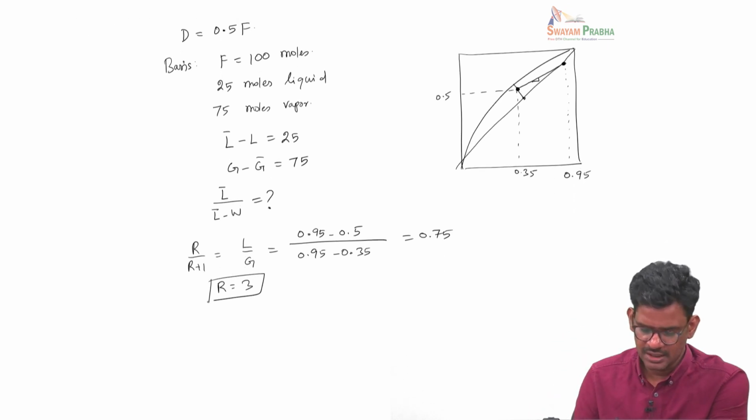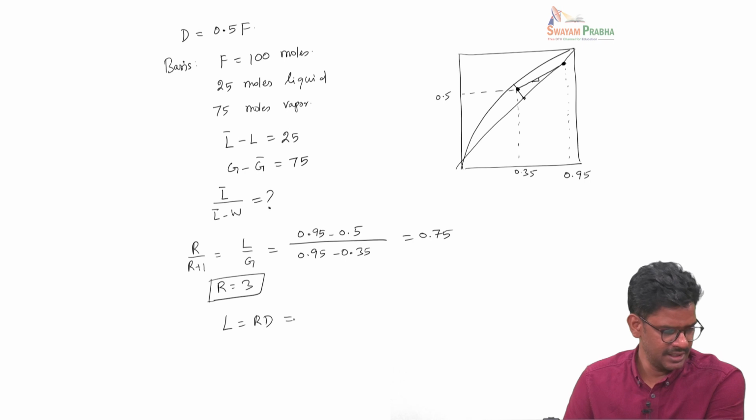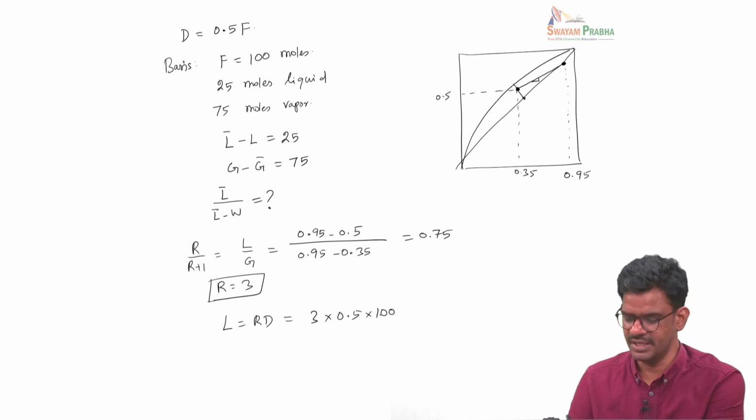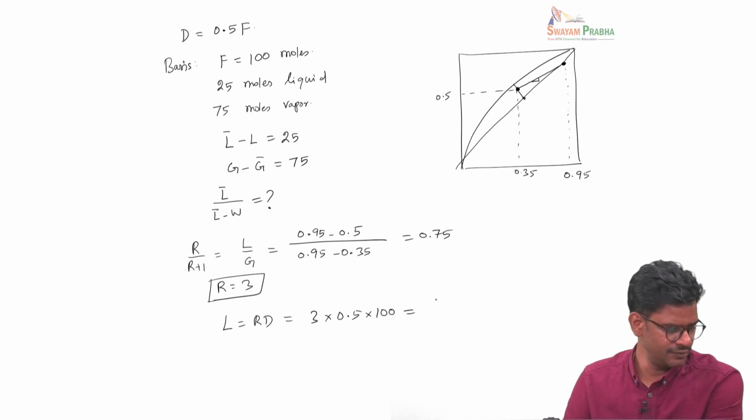Once we know R, we can also find L, that is nothing but R times D, and R is 3, D is 50% of the feed, and feed is taken as 100 moles as basis. So, all this will give you about 150 moles.